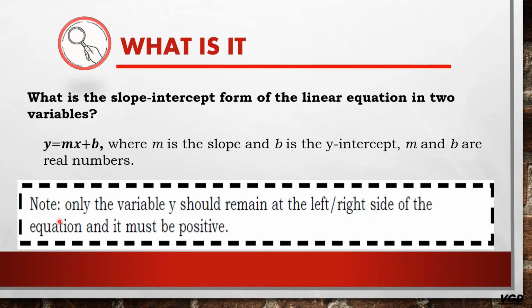Take note that only one variable, y, should remain at the left or the right side of the equation, and it must be positive. So y cannot be negative. You have to find a way to make it positive. So take note of that.